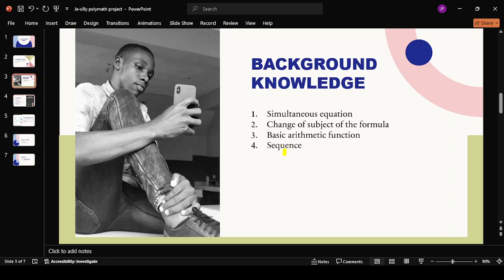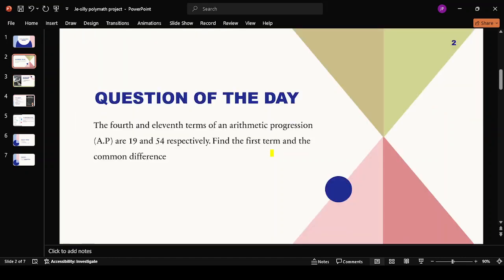If you already know about sequence, you know that we have categories of sequence. We have the arithmetic progression, the geometric progression. We also have the ones we call regression, and we also have the one we call triangle of numbers. These are several categories of sequence, of which the main one we want to focus on is the arithmetic progression.